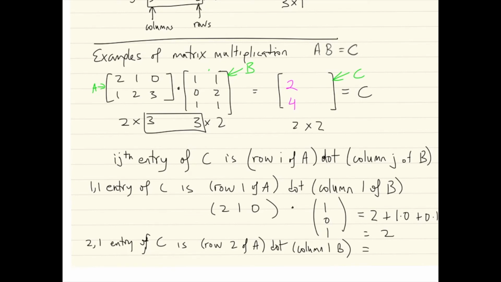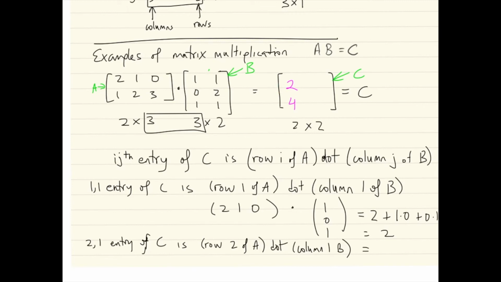So now you have 3 numbers, 2, 0, and 0, and then you add them all together. And that's called the dot product of this row with this column. And so by our definition of matrix multiplication, 2 is what goes in the 1, 1 spot here.